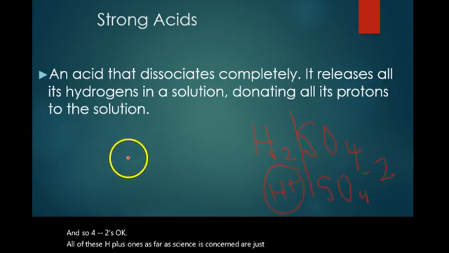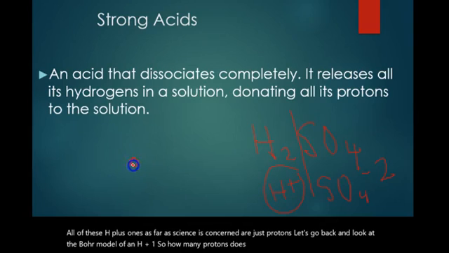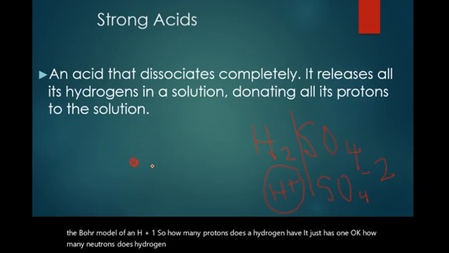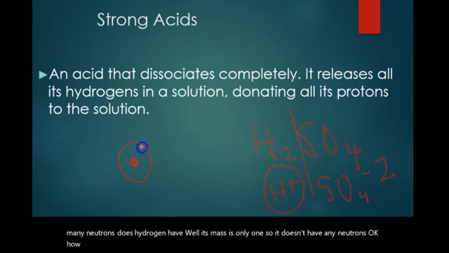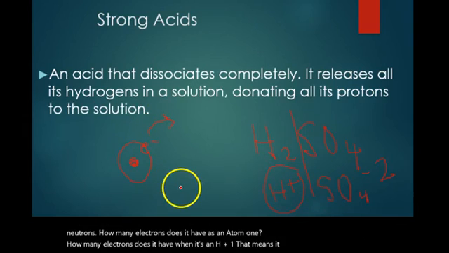Let's go back and look at a Bohr model of an H+1. So how many protons does a hydrogen have? It just has 1, okay? How many neutrons does a hydrogen have? Well, its mass is only 1, so it doesn't have any neutrons, okay? How many electrons does it have as an atom? Well, 1. How many electrons does it have when it's an H+1? That means it gives away its electron.